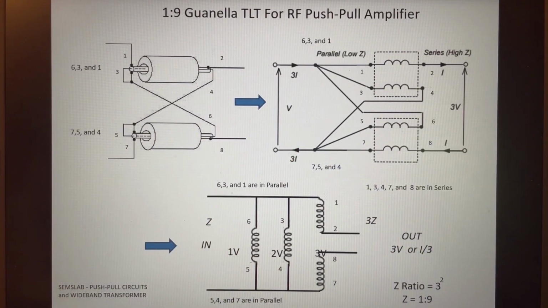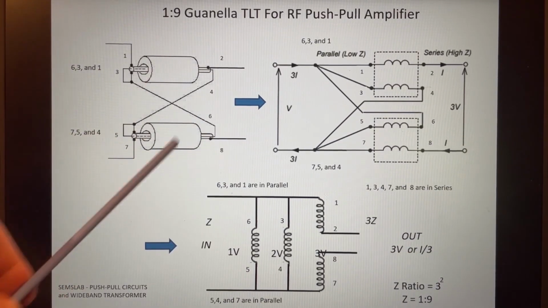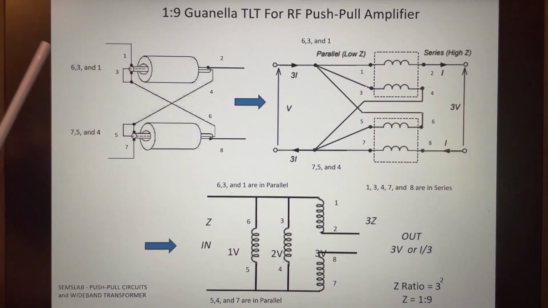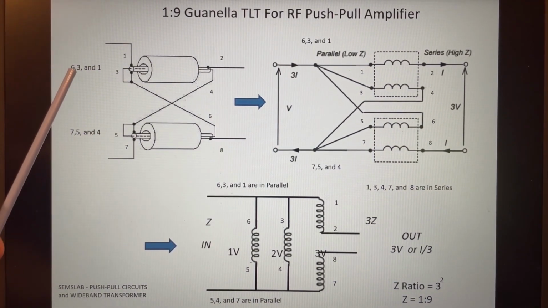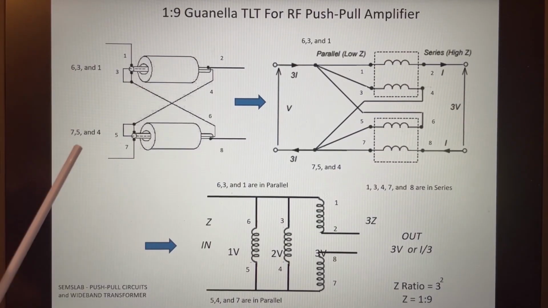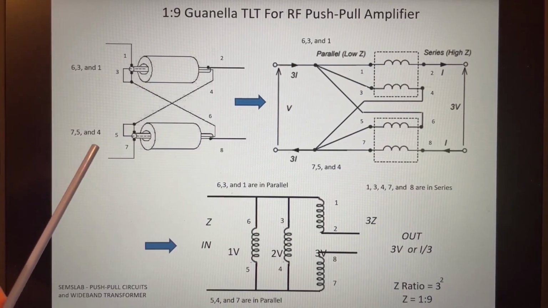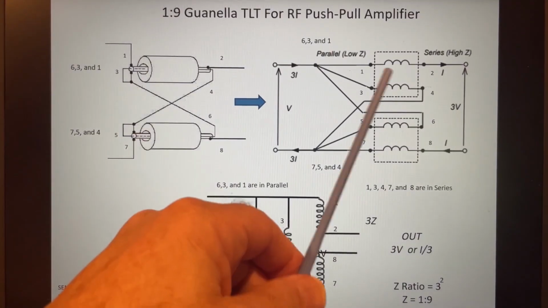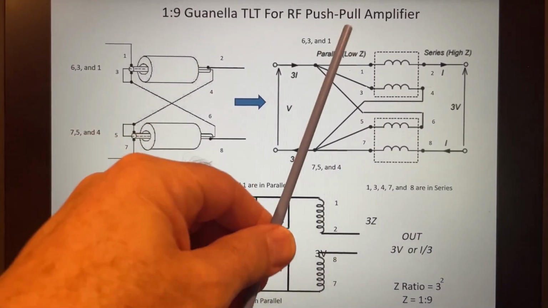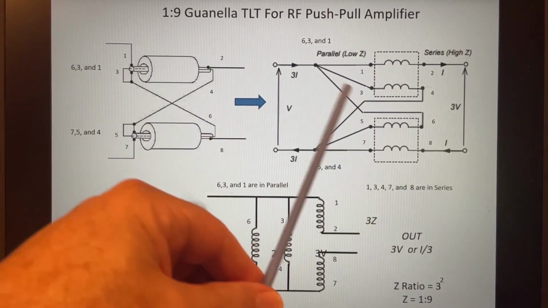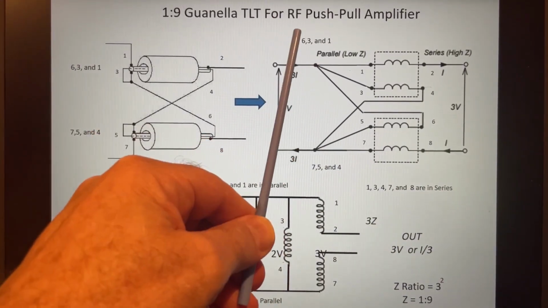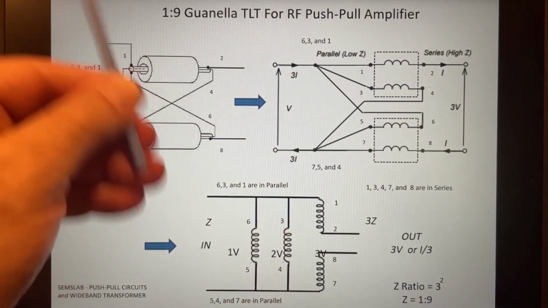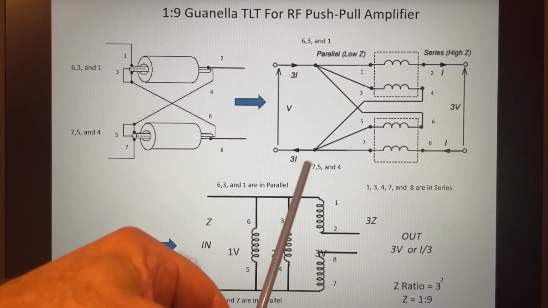And the easiest way to really understand that is to number all the nodes: 1, 3, 2, 4, etc. Here we see that on this side we have nodes 3, 6, and 1. On this side we have nodes 7, 5, and 4. Now if we look at our schematic, we have also numbered all the nodes, and on this side we have nodes 6, 3, and 1, and here again 7, 5, and 4.